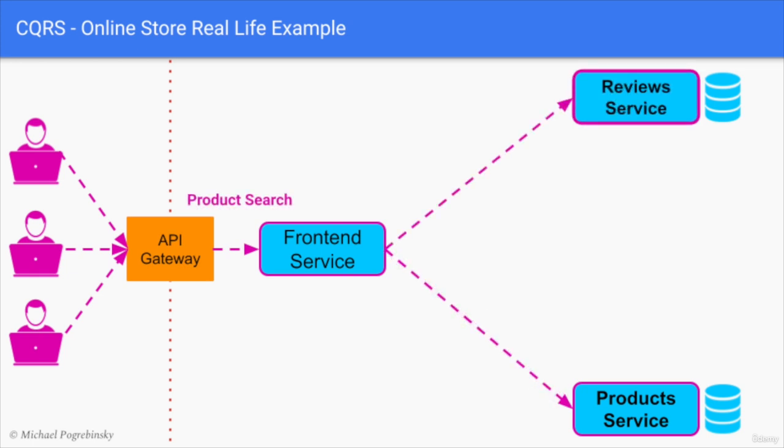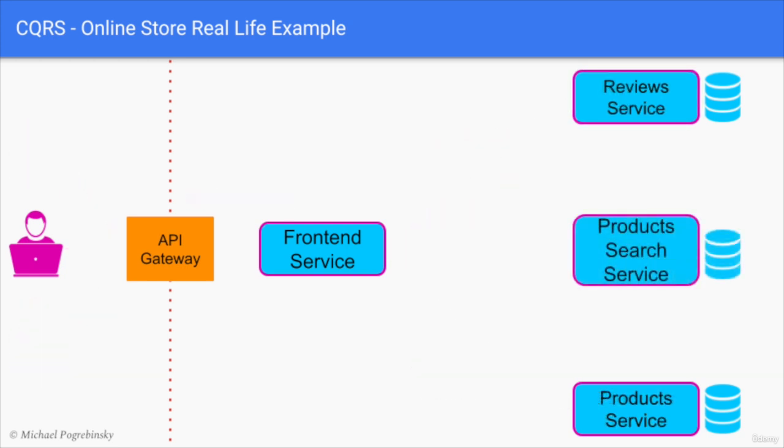But we also need to read and combine the product's information and their reviews information very quickly and frequently, because users constantly search for products and want to see both their description and prices, which would come from the product service, and also see each product's reviews and rating, which we would need to get from the review service.